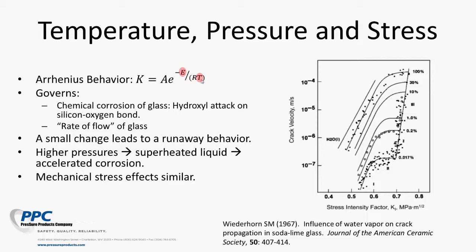Namely, at room temperature, glass cup is good for decades with little loss of glass. Raise the temperature by just tens of degrees C, and you lose millimeters of the glass surface in weeks. That reality is described by this exponential form, okay, right here, and specifically this T being where it is.